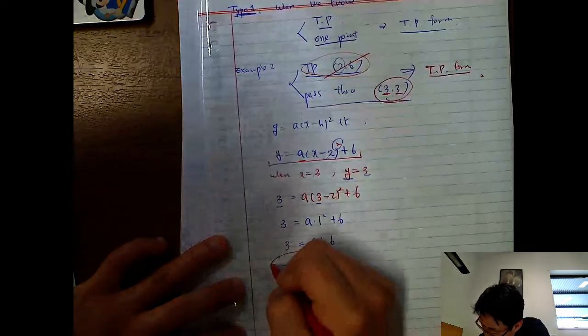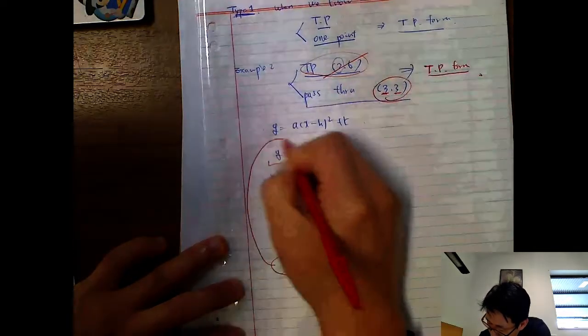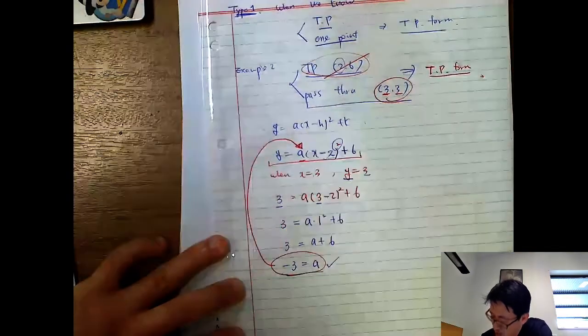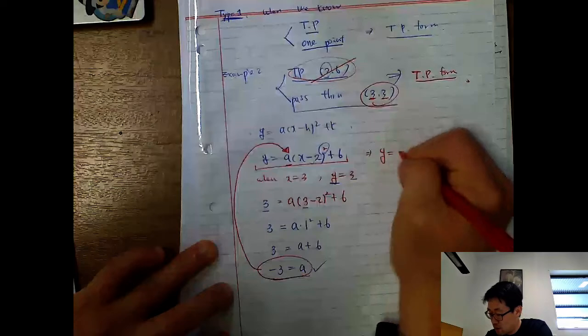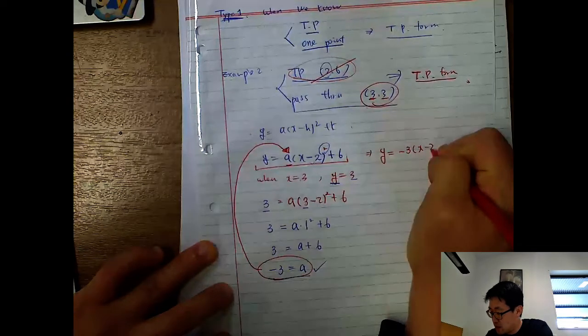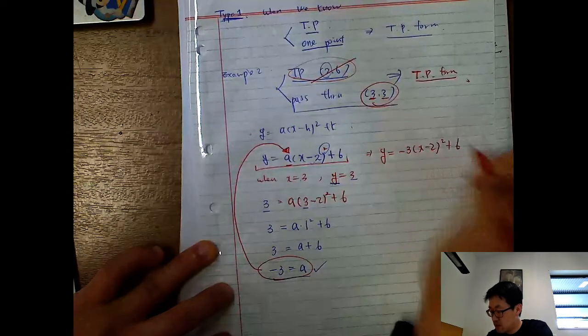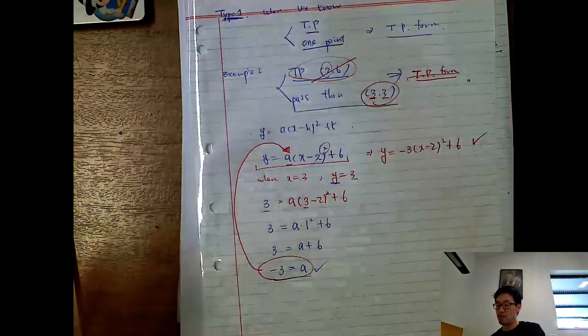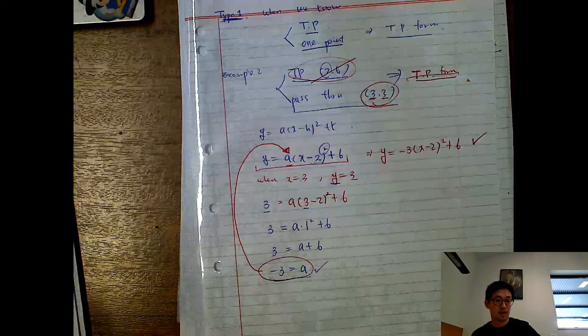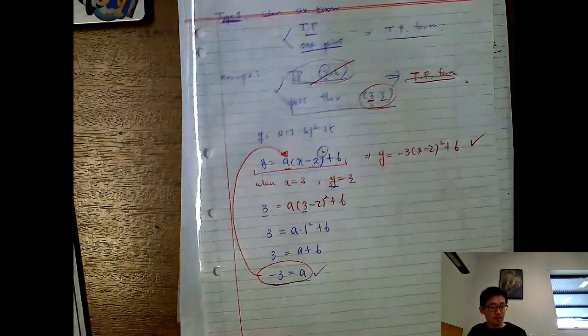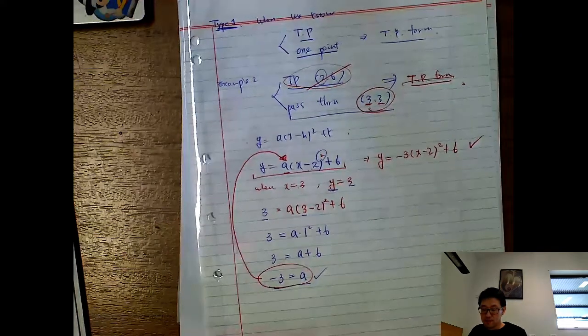All I need to do is go back and plug in here. Therefore, y equals minus 3 (x minus 2) squared plus 6, turning point form. I'm happy with that. Sounds good? Yep. You guys with me?